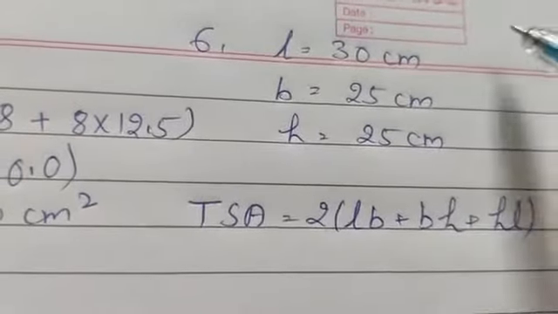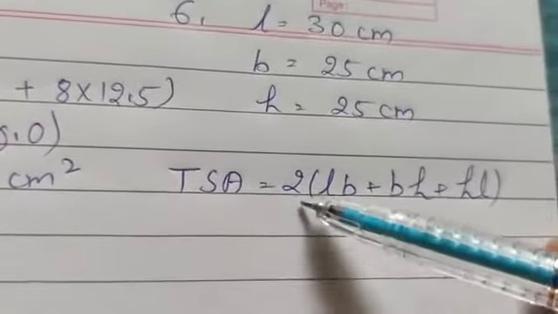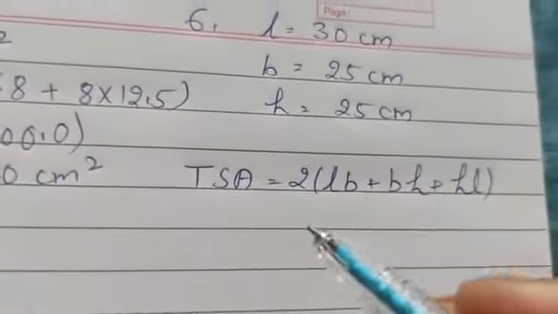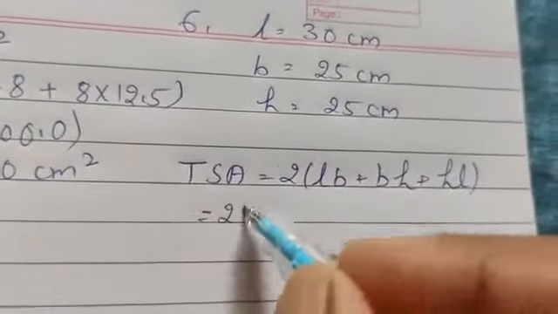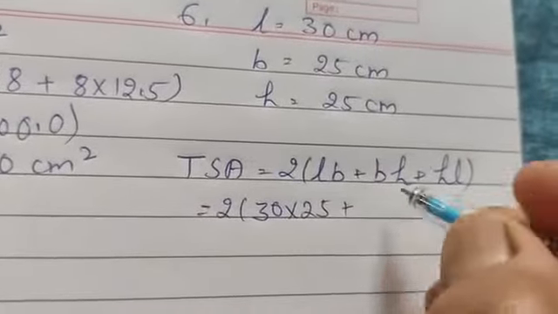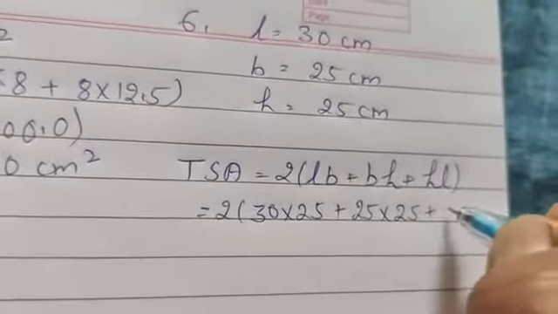Length 30 centimeter, breadth 25 and height 25 centimeter. The total surface area formula is 2 times (LB plus BH plus HL). Now put the values: 2 times (30 into 25 plus 25 into 25 plus 25 into 30).